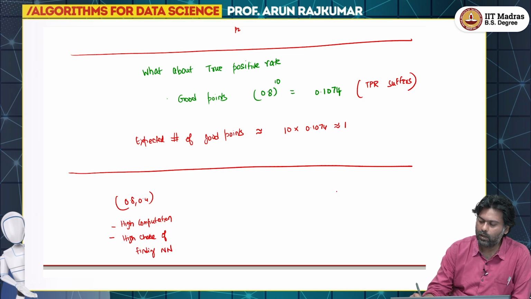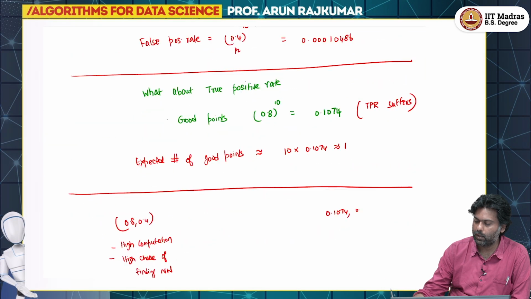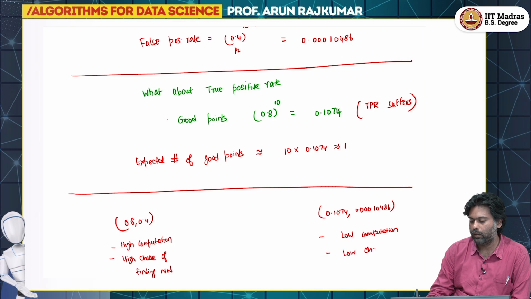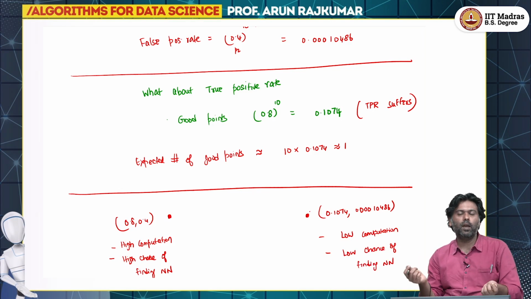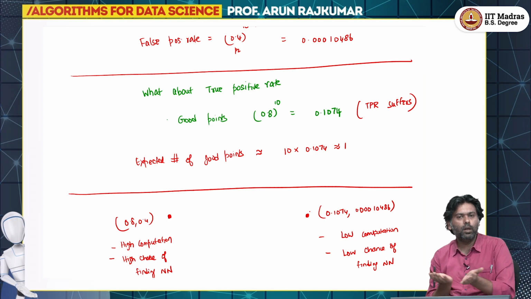On the other hand, here we have 0.1074 comma a very small number, what is that, 0.000104886, very low computation because very few guys are going to match the hash on average, and low chance of finding the nearest neighbor, right. So these are two extreme situations that we have, and we have to find a middle ground for this.